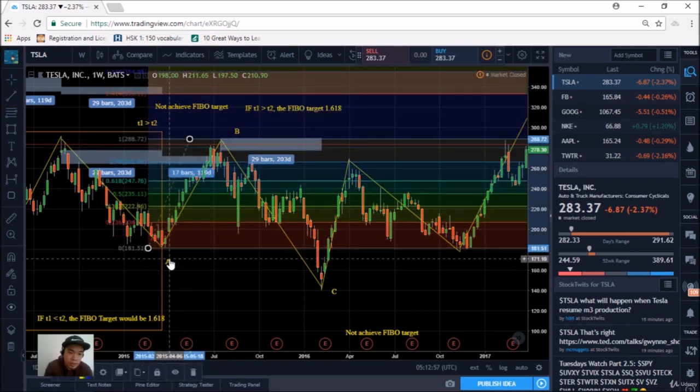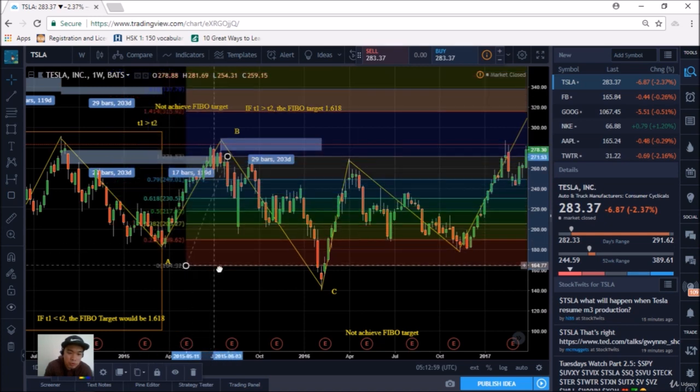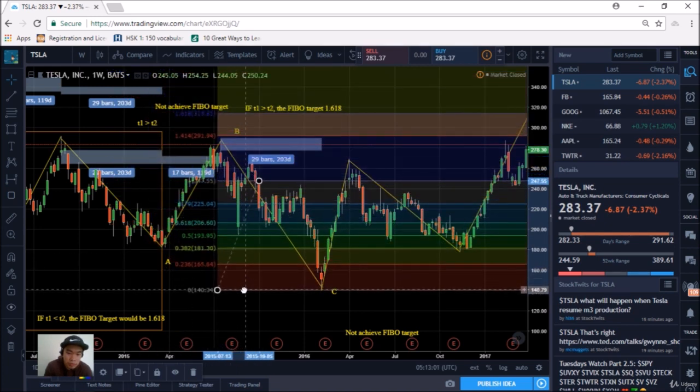Now from A you move to C, same goes for this line. Now we can see that 1.618 again is not achieved, am I right? So what it means is that it's trying to go sideways.